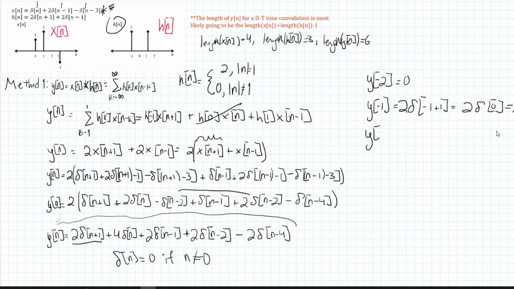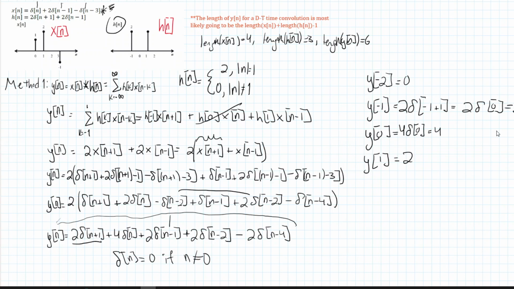Y of 0, that one, this is the only delta n that's going to evaluate a non-zero result. So for delta 0 it is equal to 4. Do y 1. We'll come over, and that's going to be this one right here.